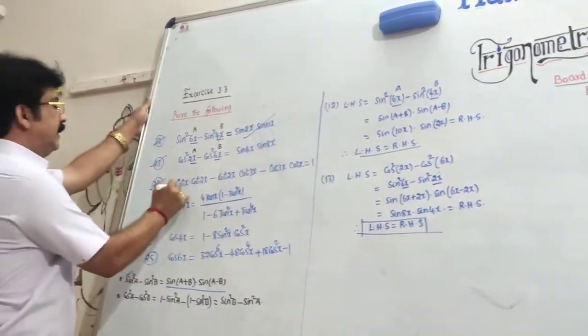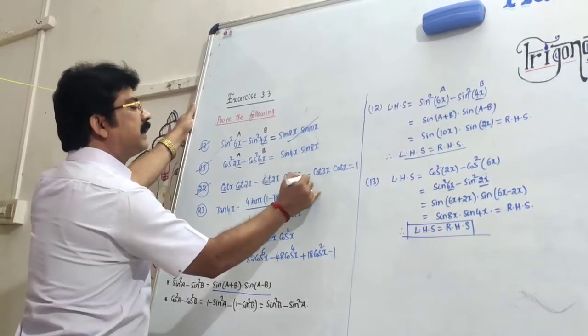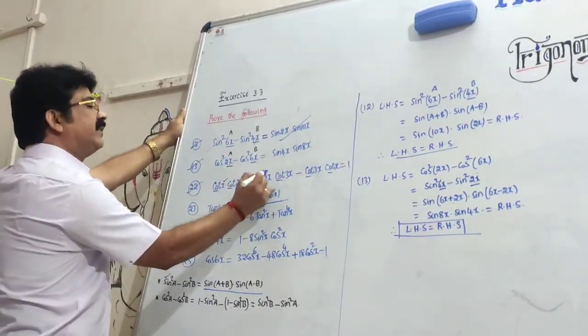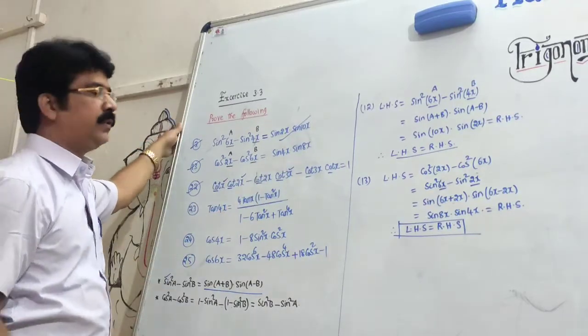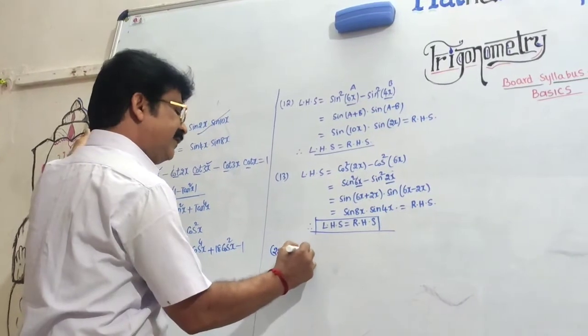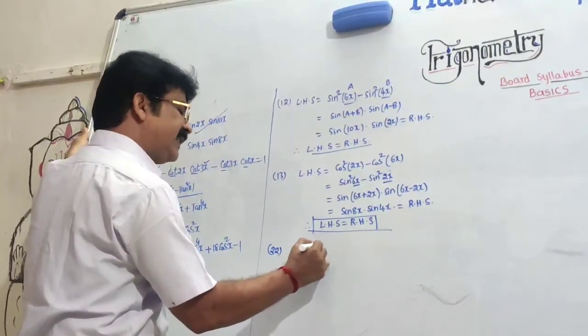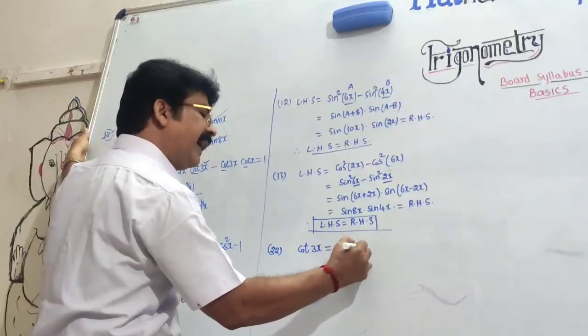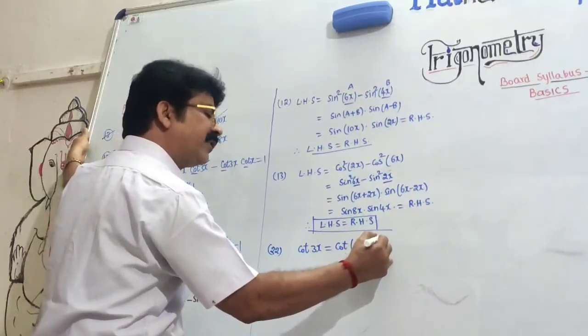Observe that cot. Right. And x, 2x, 3x. So that's why they are considering cot 3x. Cot 3x equal to cot of x plus 2x.